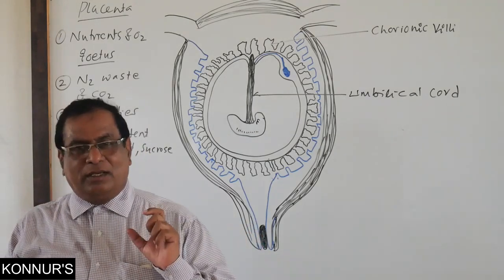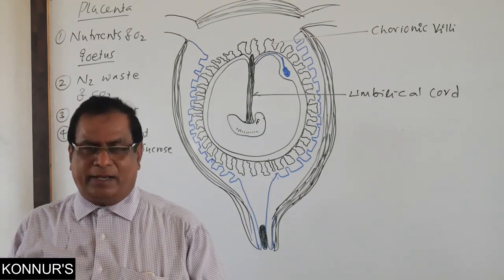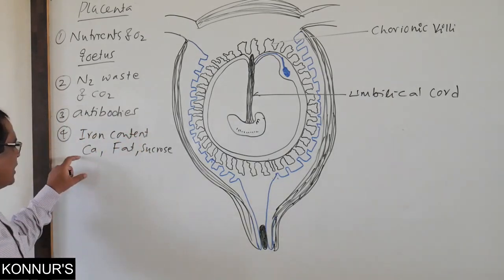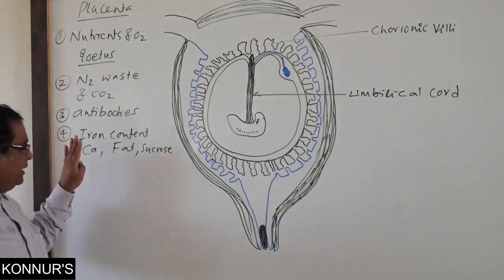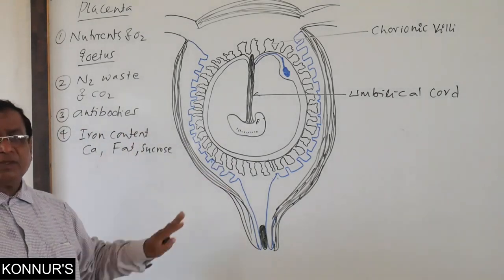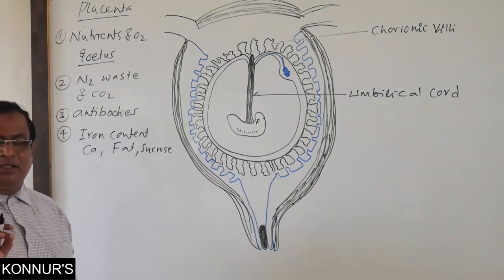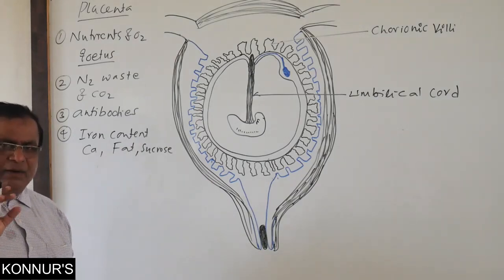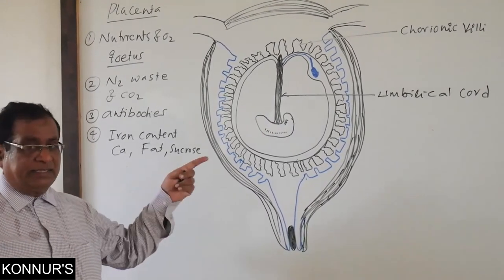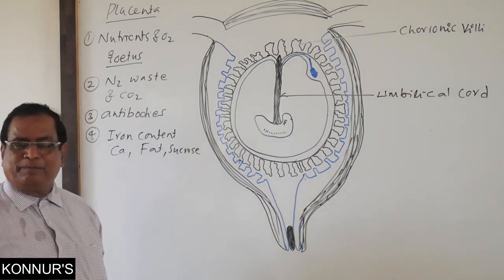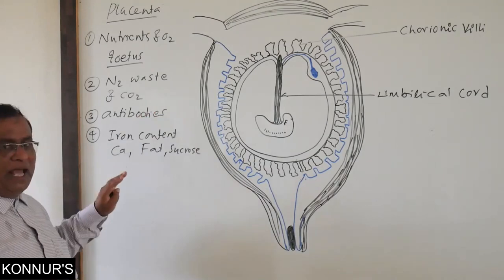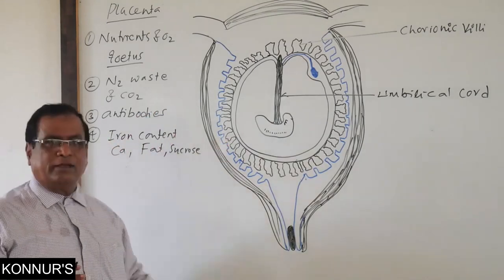If the mother is not taking food properly, under that condition the content already stored in the placenta is supplied to the fetus. Whenever there is a loss of appetite in the mother, food is still necessary for the developing embryo, so the placenta supplies that stored food to the fetus.